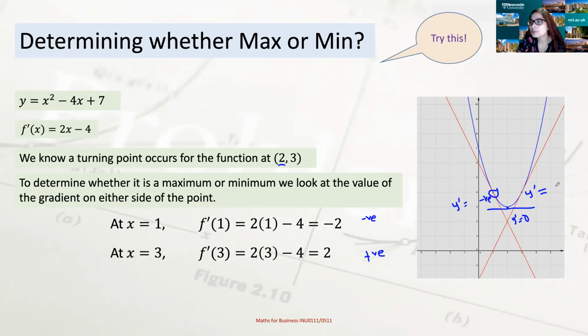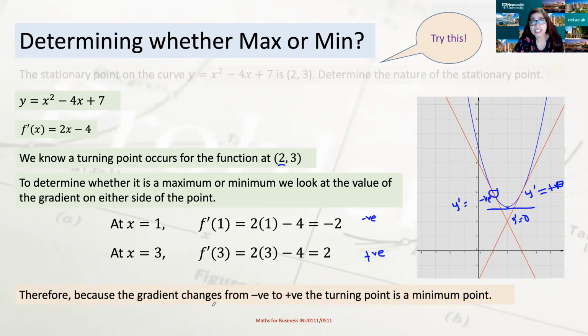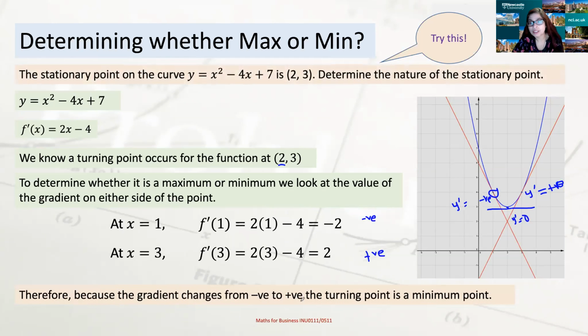So it's going to be a minimum. The stationary point is a minimum, because the gradient changes from negative to positive.